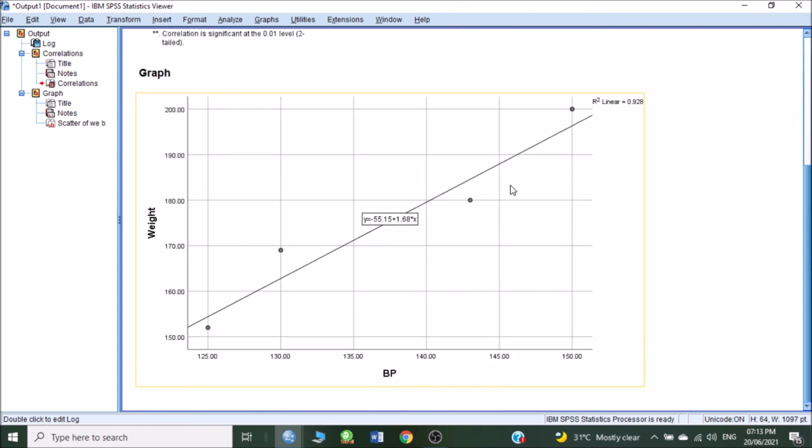This is one of the practical answers. Hopefully you understand from beginning to end what correlation coefficients are, how we can enter the data from the data view and variable view, and what algorithm we are supposed to follow.